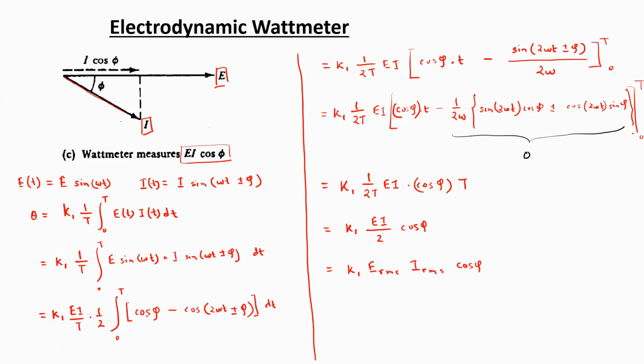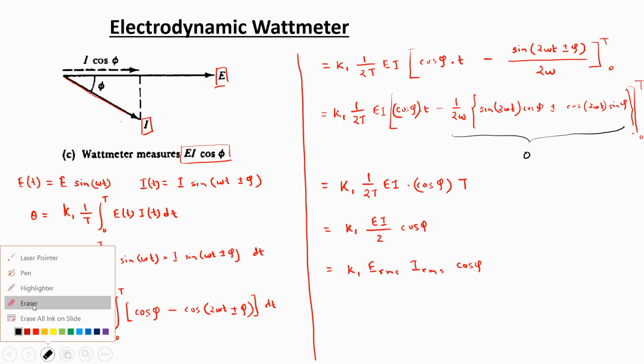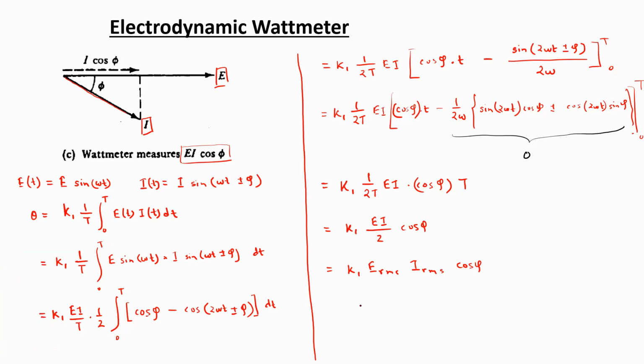So from this expression of theta over here, we can easily say that theta is proportional to E RMS I RMS cos phi. So it is quite justifiable that even if there is a phase difference between the voltage and current of the load, the wattmeter configuration using the electrodynamic moving mechanism can be used to measure power accordingly.